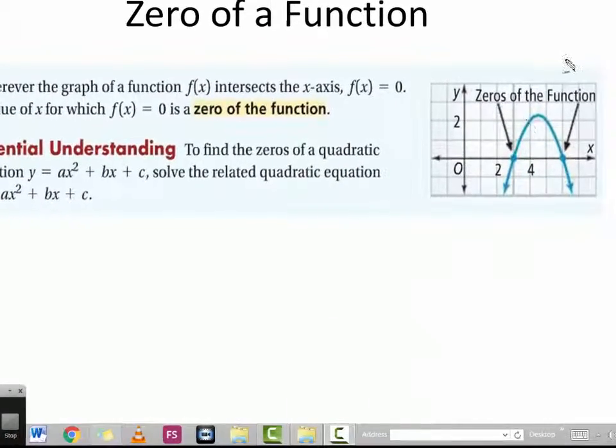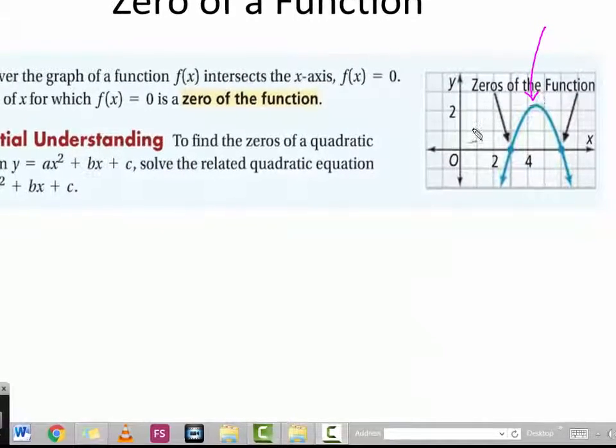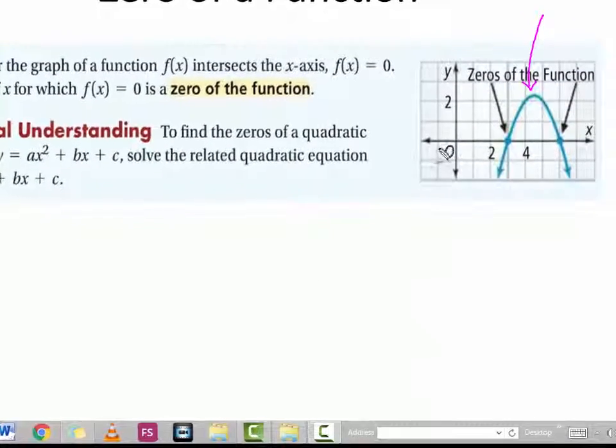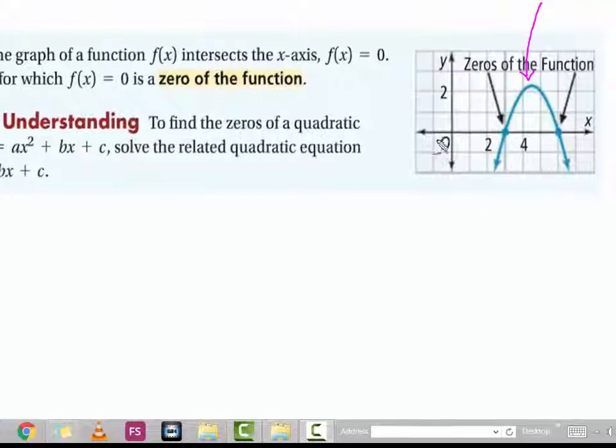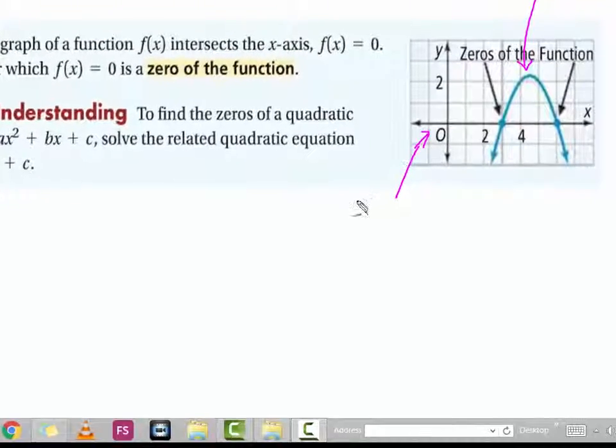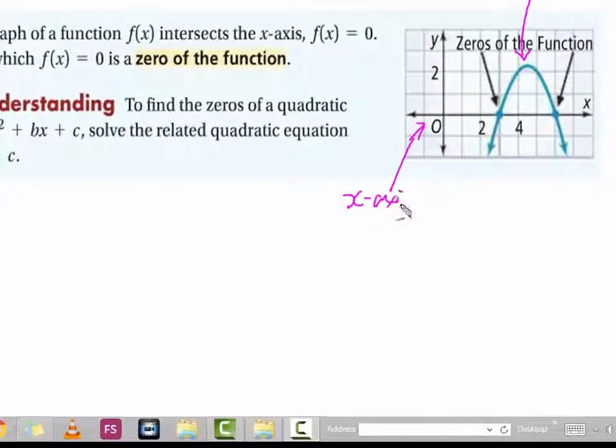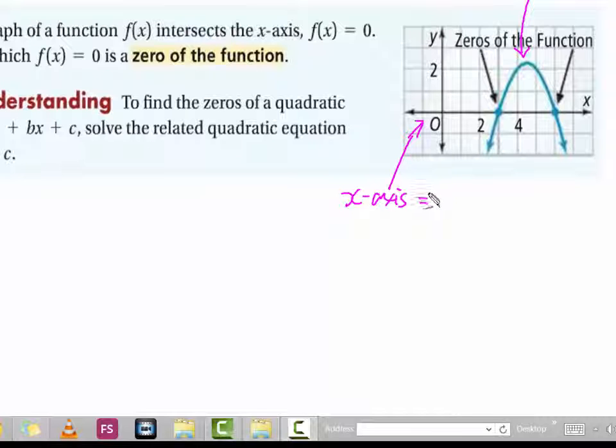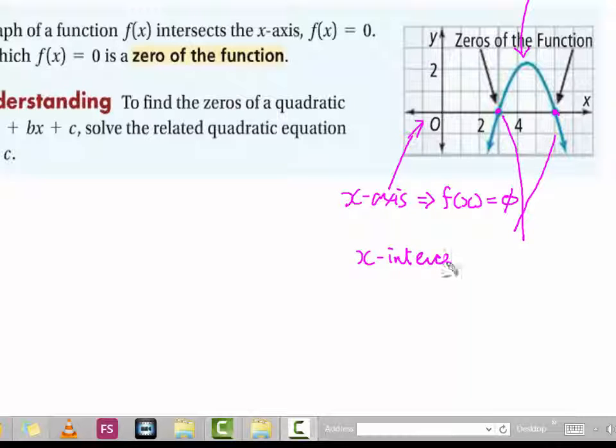When the graph of a function, in this case the blue curve here, intersects the x-axis, or you can write it in terms of f of x equals 0, these two are actually the x-intercepts.